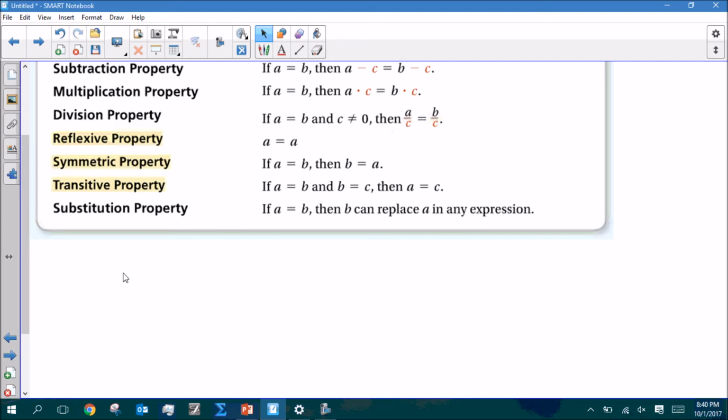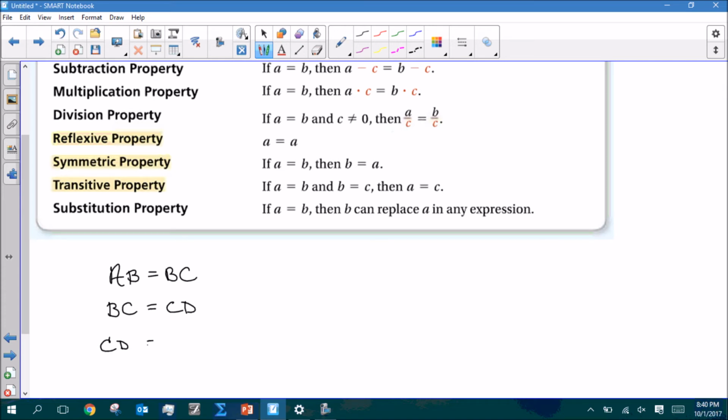So, for instance, usually the way we'd say it or see it, we say segment AB's length is the same thing as segment BC's length. But BC's length is the same thing as CD's length. And CD's length is 4. So we might be able to see this and say, okay, AB is the same as BC, but BC is the same thing as CD.